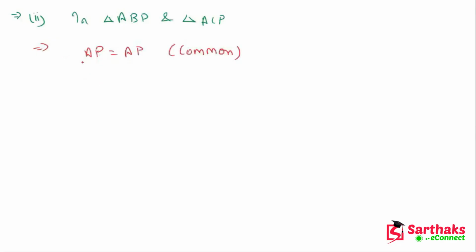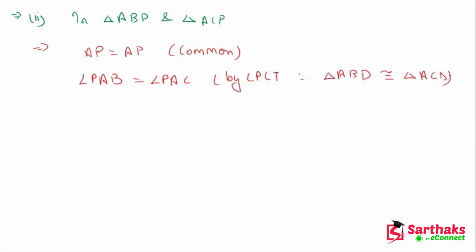And angle PAB is equal to angle PAC by CPCT, since triangle ABD is congruent to triangle ACD. We already proved this.